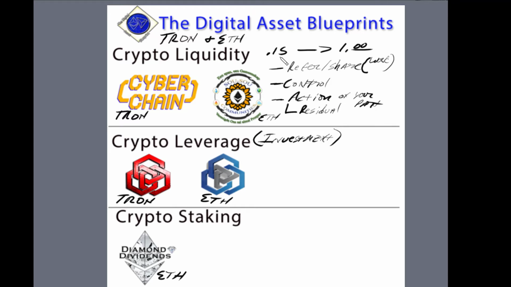So let's say you understand this and you're generating the liquidity. Now you can activate and participate in the leveraging resources. What I mean by that is, these resources, the Tron chain and the Ether chain, are designed to generate 1% daily, with a total of 310% return on investment.